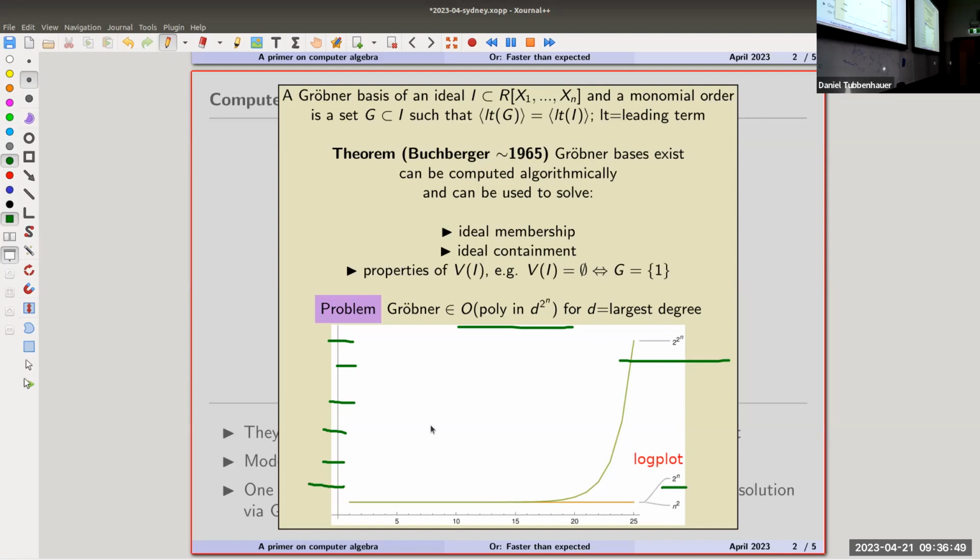Maybe just a comment: if you think about a polynomial ring and look at its homogeneous components, if you have n variables in degree d, the size of that space is the number of monomials in n variables of degree d, which is like n choose d with double brackets.